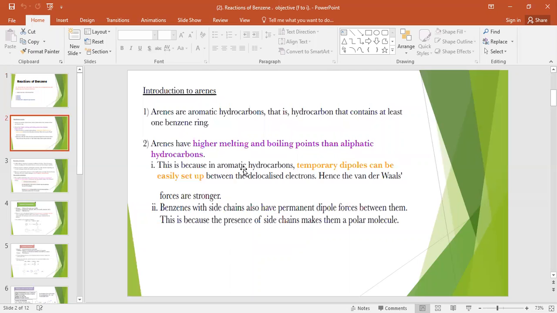This is because in aromatic hydrocarbons there is a dipole moment, partial positive and partial negative, and their forces are very strong. Which type of forces? Van der Waals forces. Benzene with a side chain also has permanent dipole forces between molecules. This is only information for you about what arenes are.